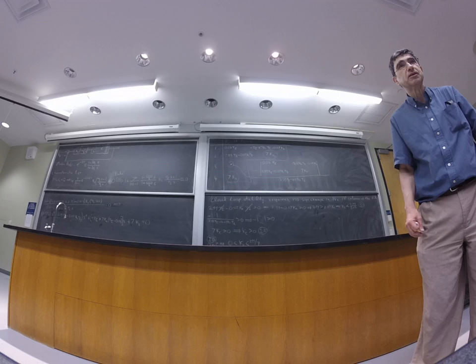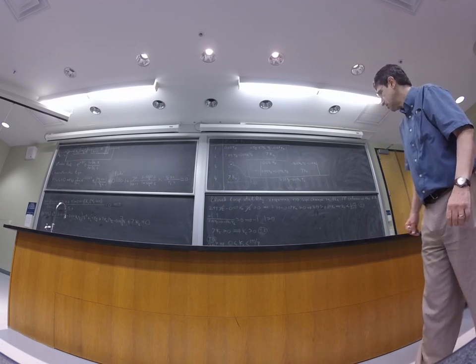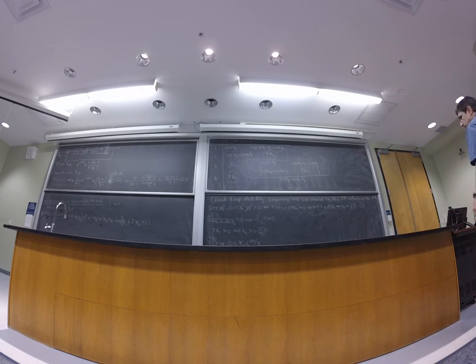Question. Why is it 7? Because I had 2.99 over 0.07. So I wrote this 299 over 7. Yeah, thanks for asking. All right.